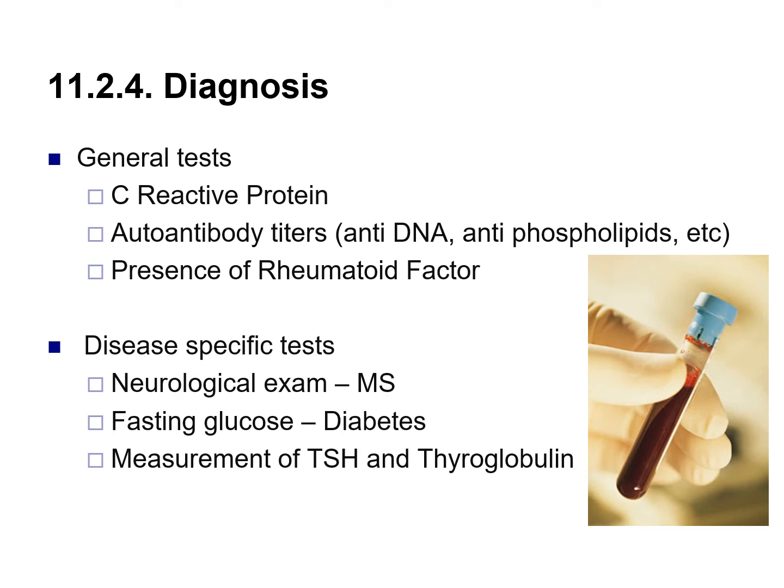Now for specific tests, neurological examination, for example in MS, because there will be a problem with the cognitive function of the person. Right. Fasting glucose can also be used to detect diabetes, which is a type of autoimmune disease. Right. So measurement of TSH, thyroglobulin, for thyroid problems.